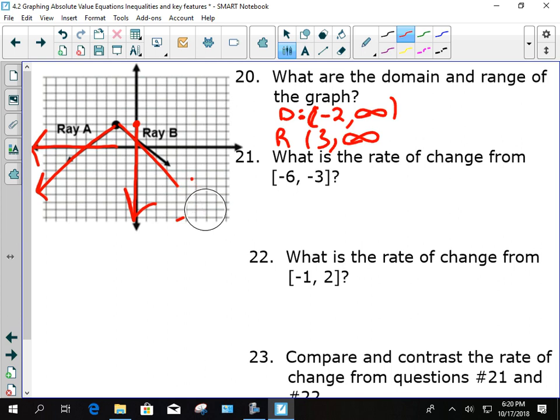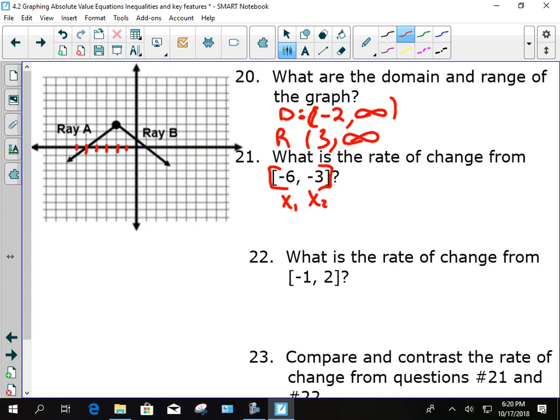What is the rate of change? This is slope. -6. I'm over here now. -6: 1, 2, 3, 4, 5, 6. So right here is -6. Remember, these are brackets. That means these are your x1, your x2.